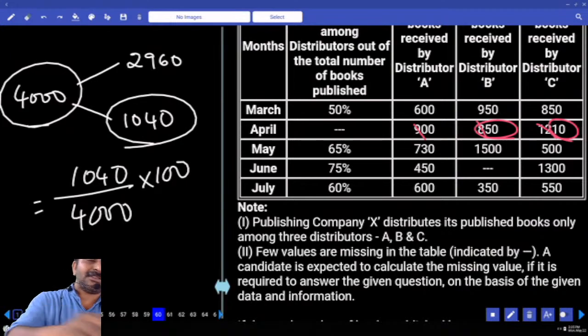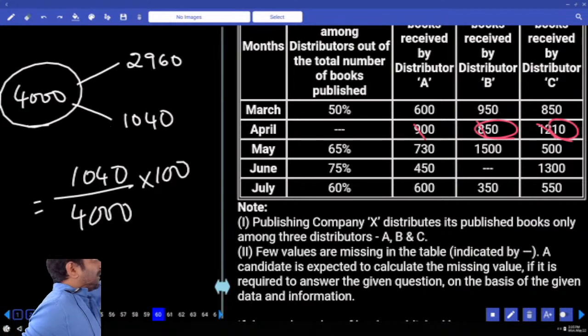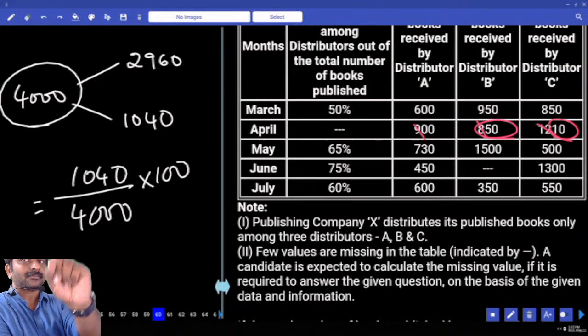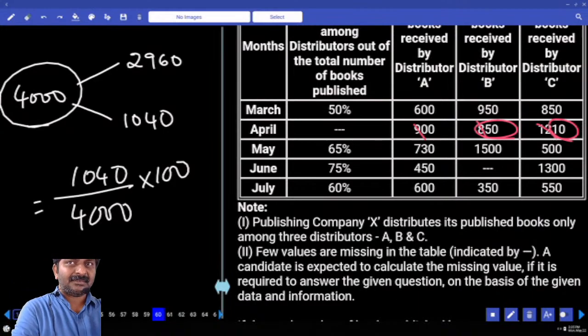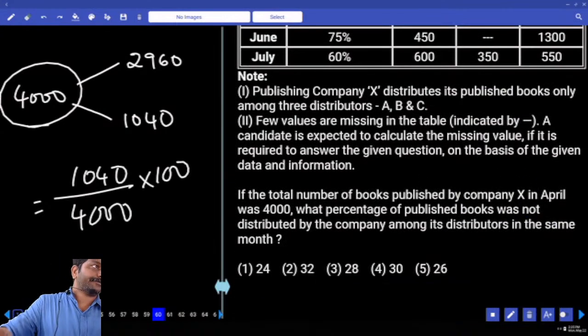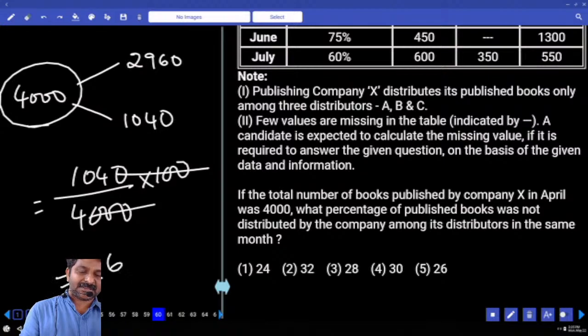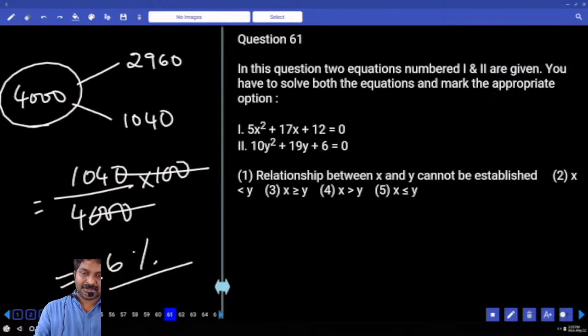How much more than 1000? 40 is what percent of 4000? 1%. Already 25% plus 1, 26% directly we can answer. Otherwise 3 zeros, 104 by 4, 26%. Right? So I'll stop here.